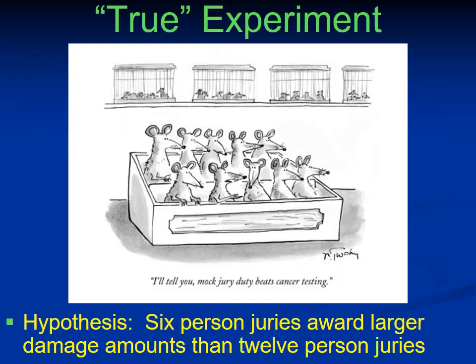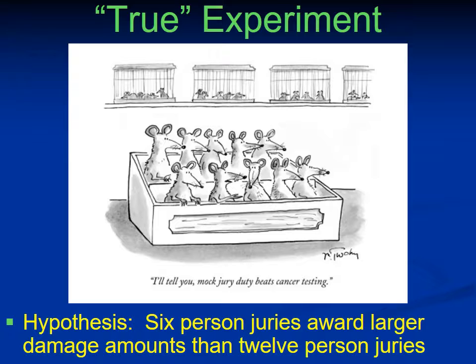So going back to our jury size example, let's say we have a hypothesis that 6-person juries in general award larger damage amounts in civil cases than 12-person juries. And our hypothesis further suggests that maybe because they're smaller samples, they're less likely to be representative of the population and more volatile, for example, as a result of that.